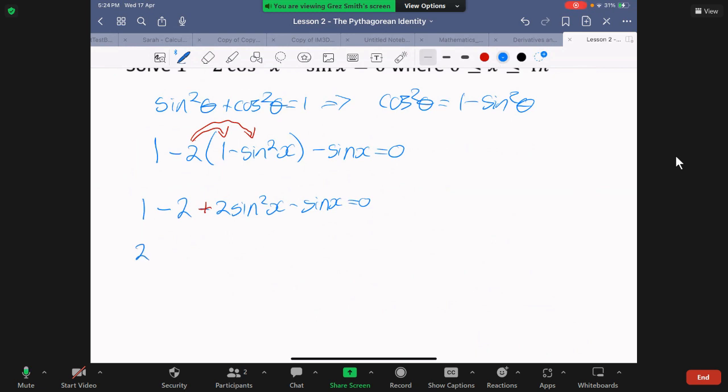I've got 2 sine squared x minus sine x minus 1 equals 0. So I'll do my variable substitution: 2t squared minus t minus 1 equals 0.